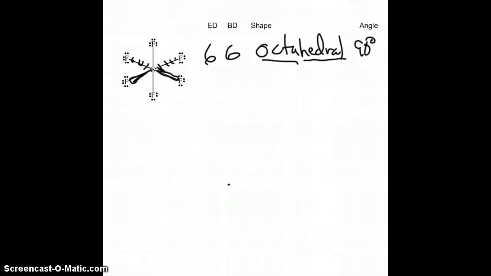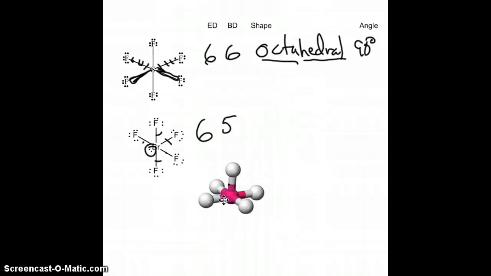So now let's go to the next one. What if we have bromine pentafluoride? That has 6 electron domains: 1, 2, 3, 4, 5, 6. And it has 5 bonding domains. Now, in this case, this shape looks like this. These guys are equatorial, and then there's one sticking up.